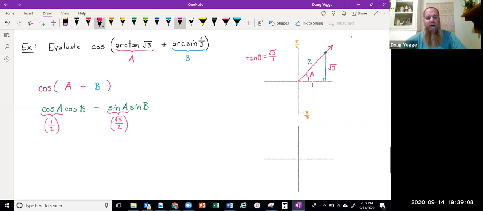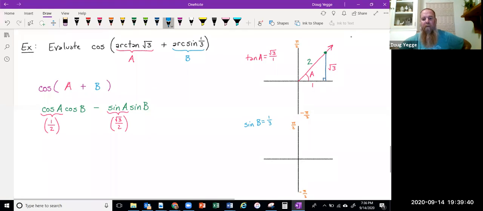But now let's find arcsine of 1/3. Notice that arcsine of 1/3, since we're dealing with arcsine, is also going to be somewhere between negative pi over 2 and pi over 2. So this is saying that sine of angle B is equal to 1/3.